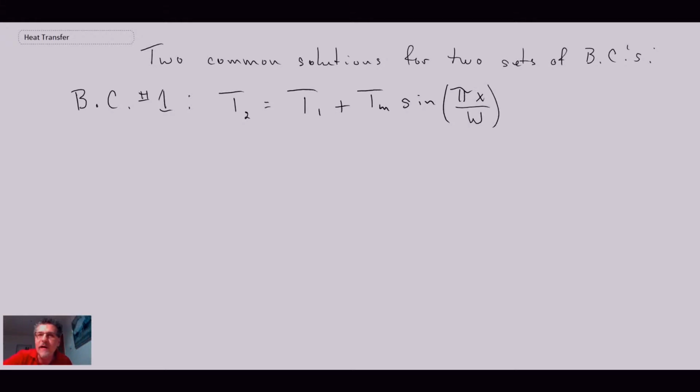How would you get a sine function for the temperature distribution? You could shine a laser. A laser has a Gaussian function, which looks like a sine function, but that would probably be a tough thing to actually fabricate experimentally. So you can see that this is a little bit of a hypothetical solution, one that the mathematicians dreamed up, and it enabled them to solve the equations in a nice clean way.